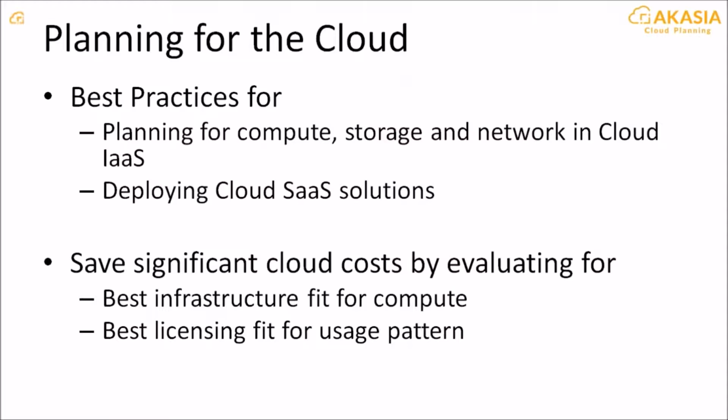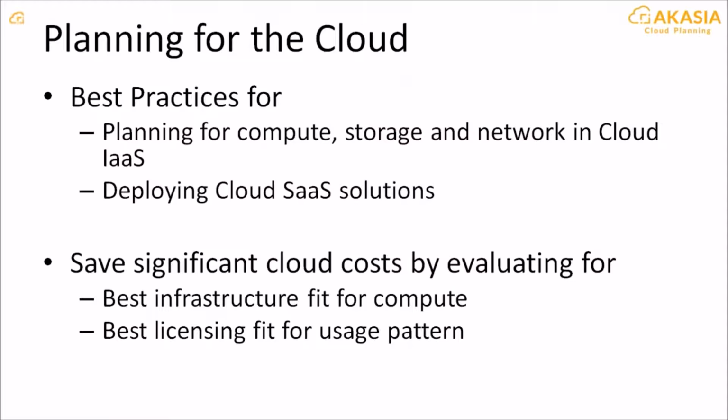The second option for significant savings is picking the best licensing fit. And by licensing fit, what we mean is the usage pattern of your application. So if it's short term, as in it's used just for a few hours a month, then you use a different licensing fit. We would suggest you use the application uptime feature.